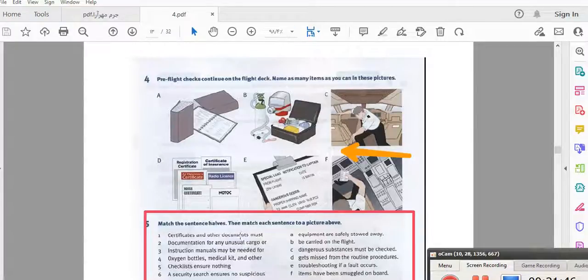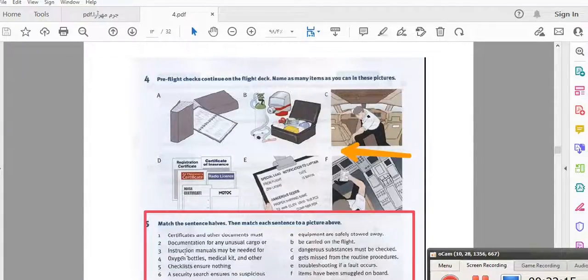Unusual means something which is not ordinary, or dangerous substances must be checked. And unusual cargo, the cargo which is not actually ordinary, should be checked. Yeah, he's checking them, for example.